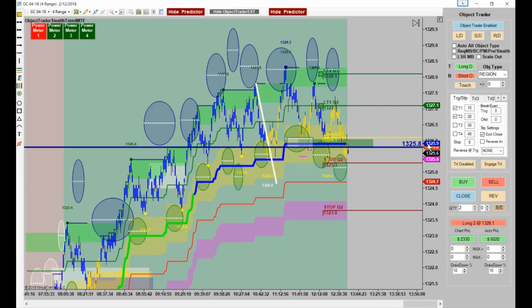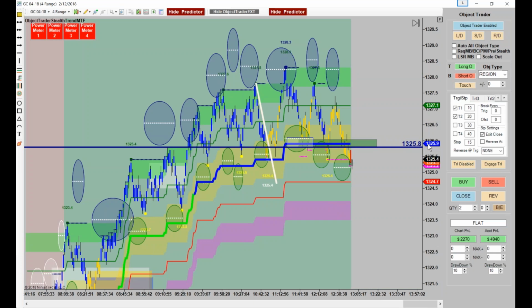We may go deeper and then give you another good trade. Okay, let's see if that bounces right there. It should. Barely any kind of a trade on that one at all, wasn't it? Okay, let's see if we can get another one.